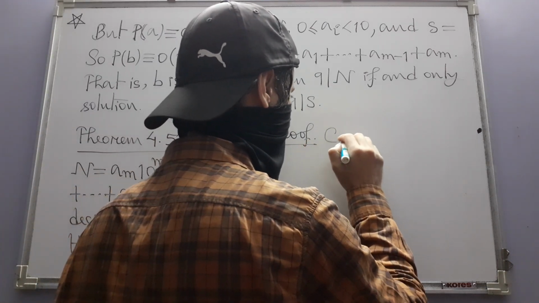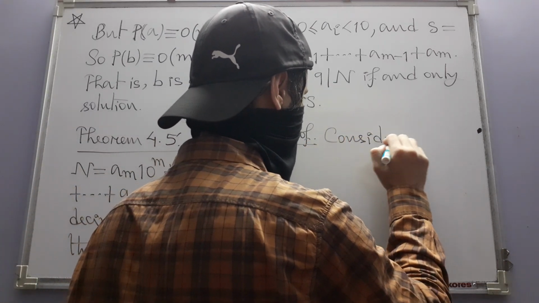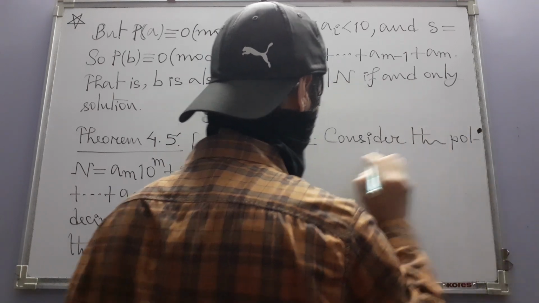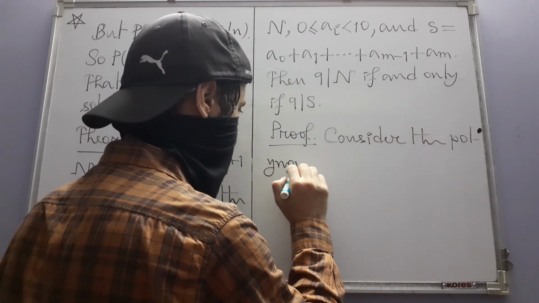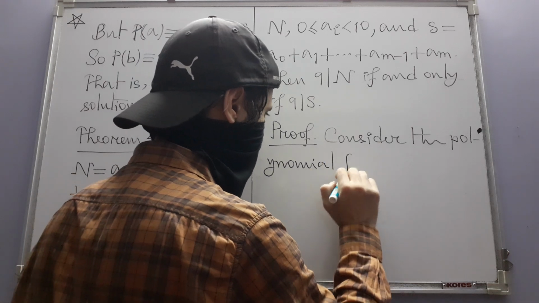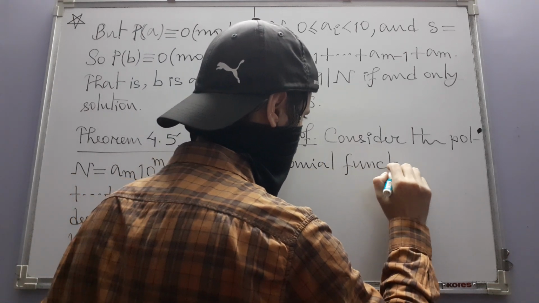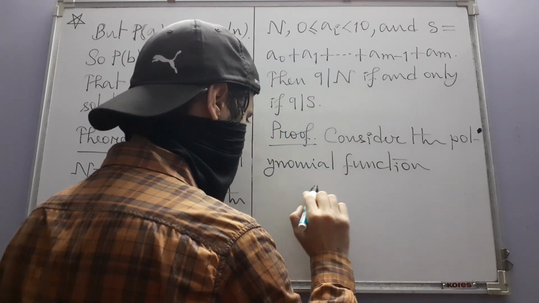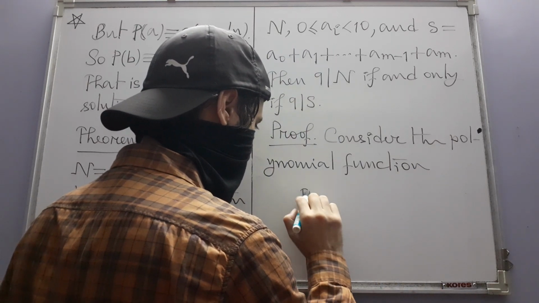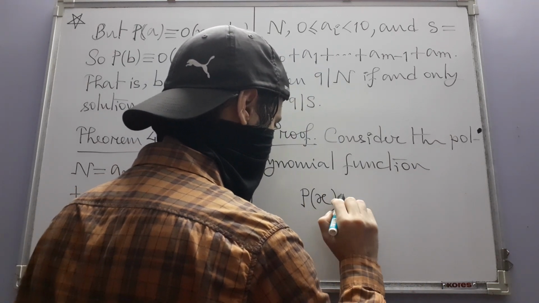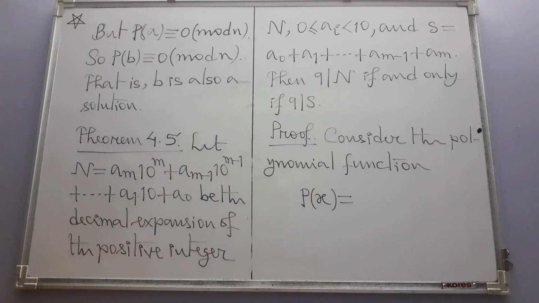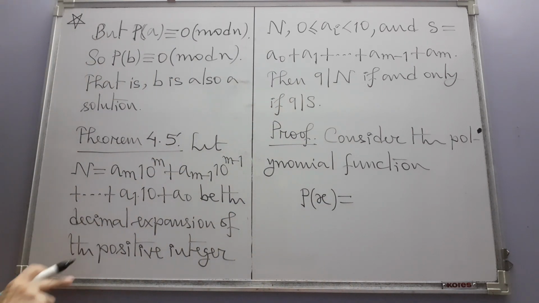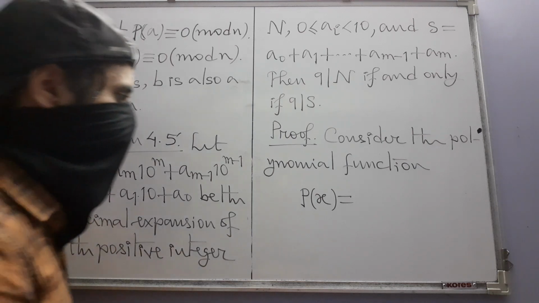Consider the polynomial function, let me write here, p of x equal to the sum of a_i x^i, where the coefficients will be these a_i's and the index will go from 0 to m.